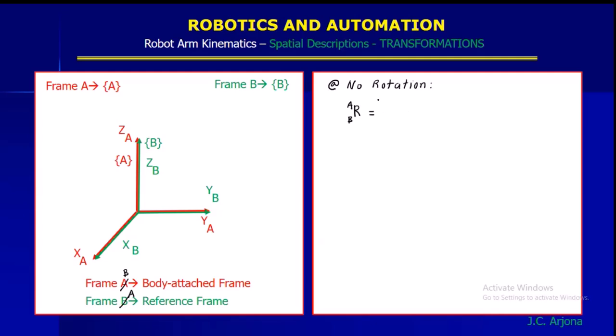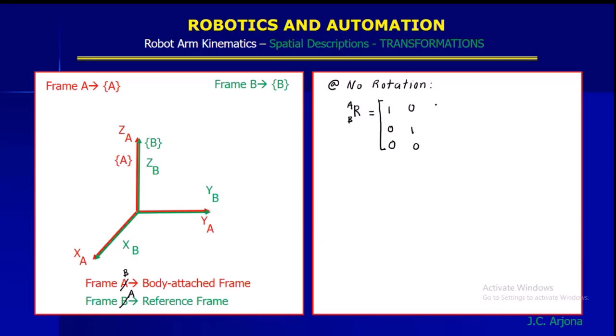Writing that down, for the XB to A, you have 1, 0, 0. For the YB to A, this is 0, 1, 0.